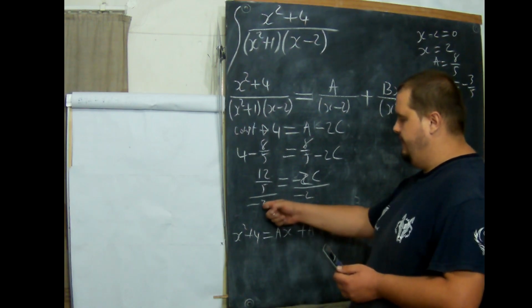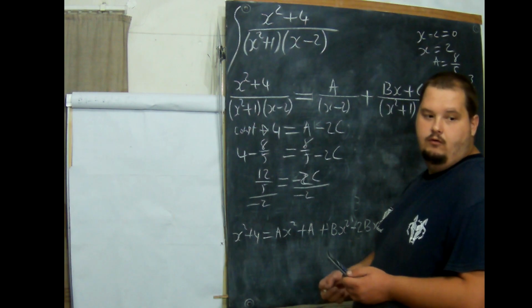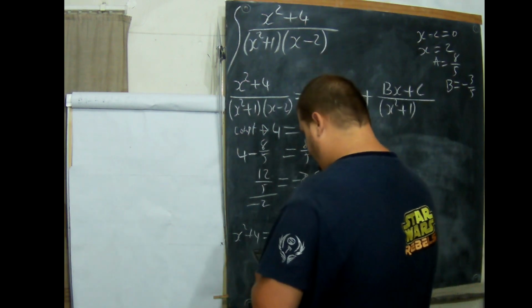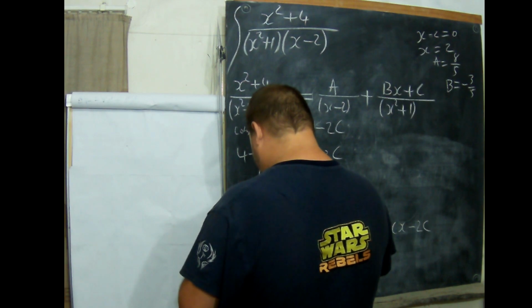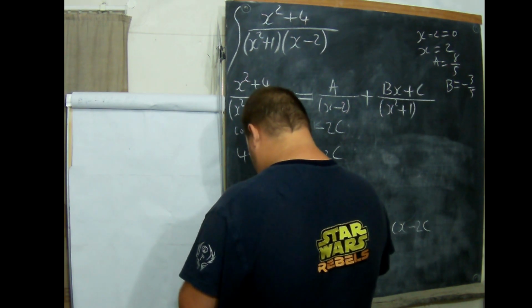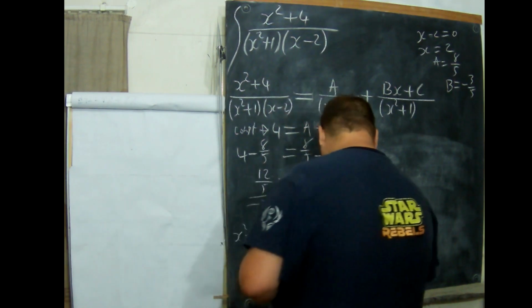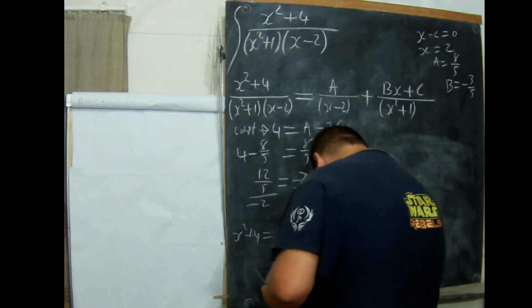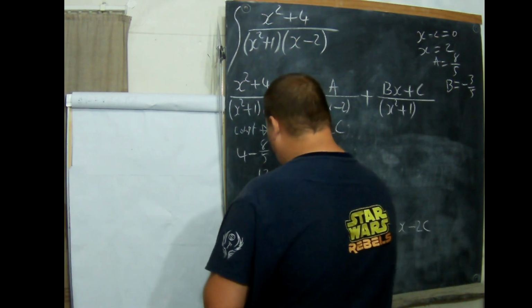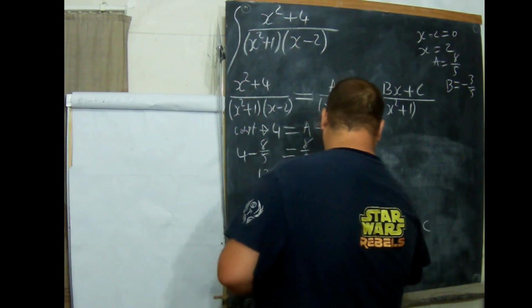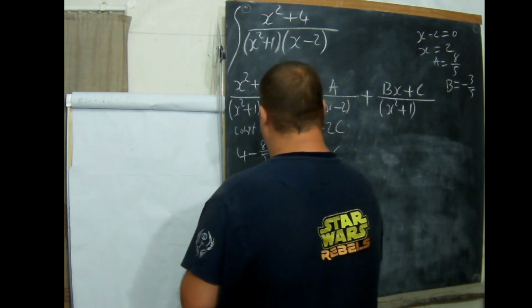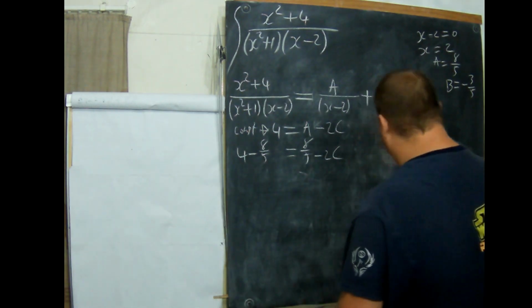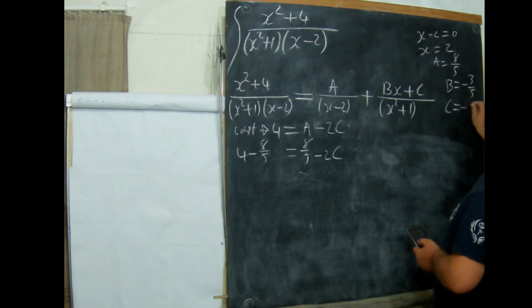And according to laws of fractions, 2 times 12 is 24. So 12 over 5, it's 24 over 5. c equals minus 24 over 5.